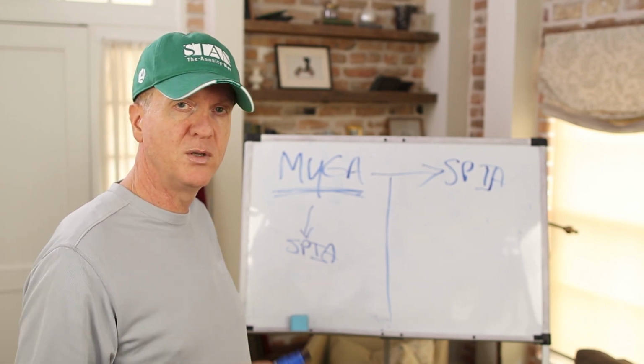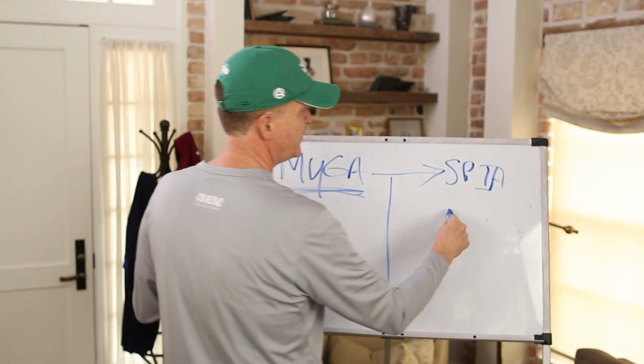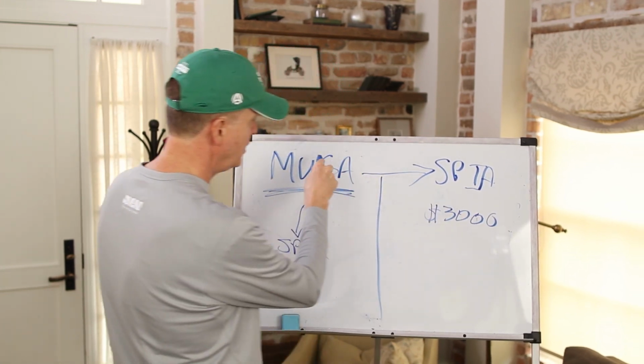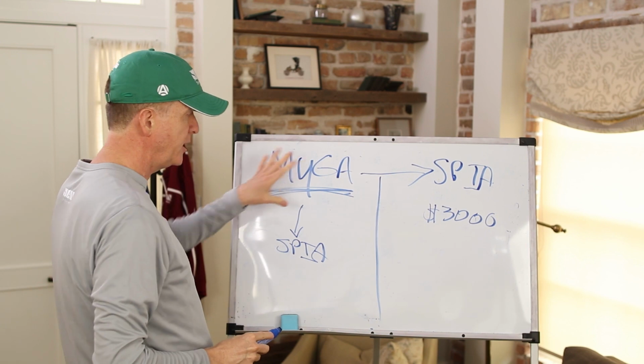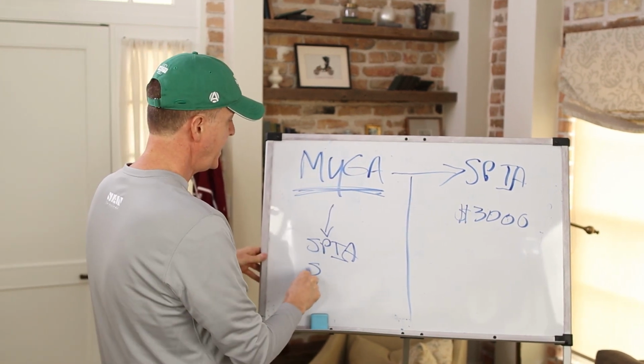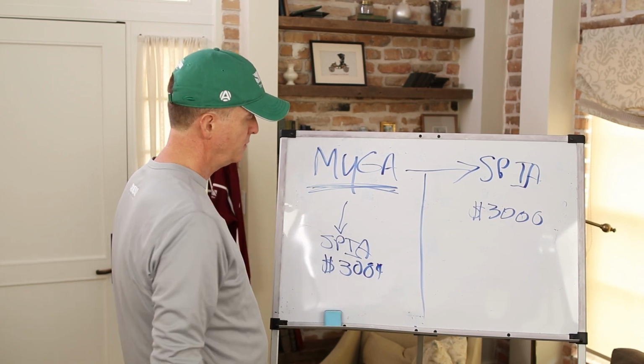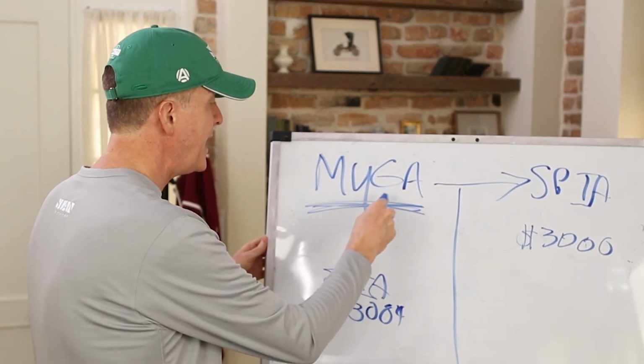So let's look at both scenarios. Let's just say, all right, we ran the SPIA quote over here, and it's $3,000 a month, and we ran the SPIA quote, same parameters, at the MYGA company he's currently at, and it came back at $3,084 a month.